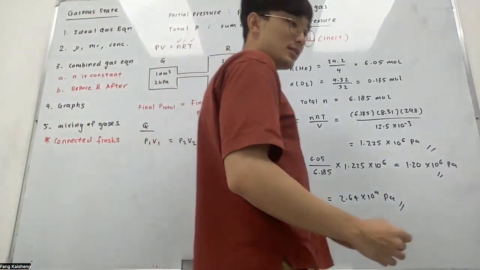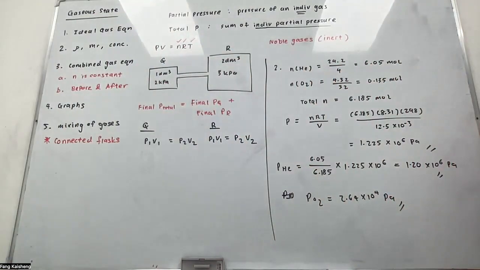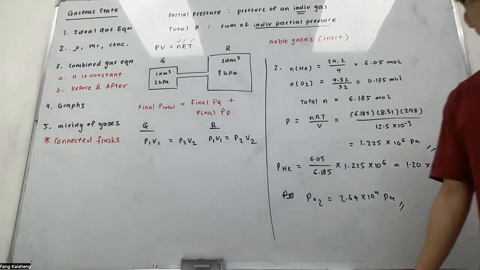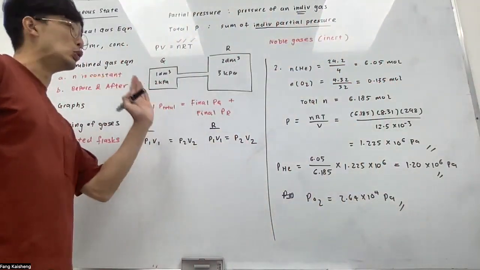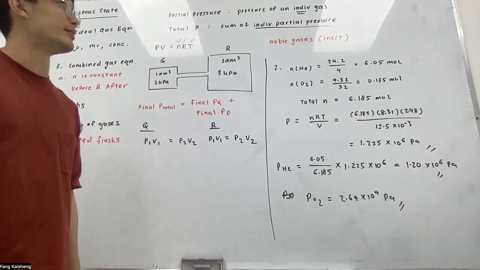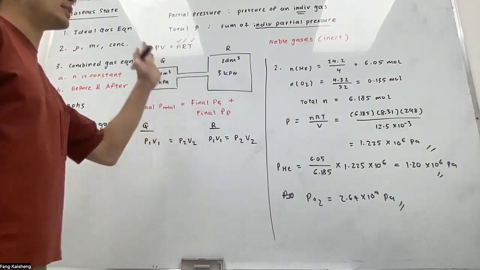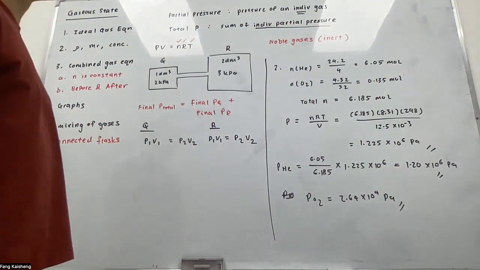Okay, so to reiterate, these kind of questions, calculate them separately first, two separate partial pressures, then you add them up at the end. Okay, you can add them up because they don't react, they're either gases.